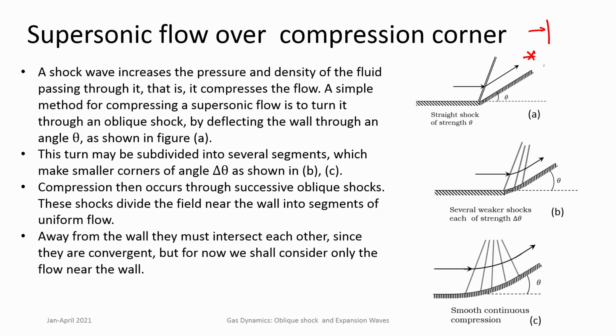The second one is when the shock goes to very weak values; the minimum it can go towards is a Mach wave. Across a Mach wave the flow deflection is almost negligible, so you can take it to be 0, and the pressure ratio is 1. So, the two limits for an oblique shock are, at the lower limit a Mach wave, and at the very strong limit a normal shock. Both are in the oblique shock system itself.